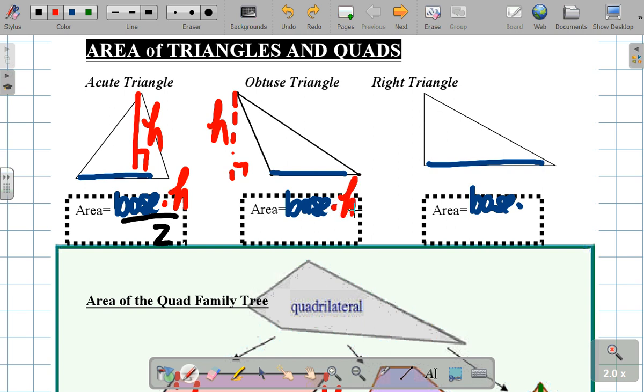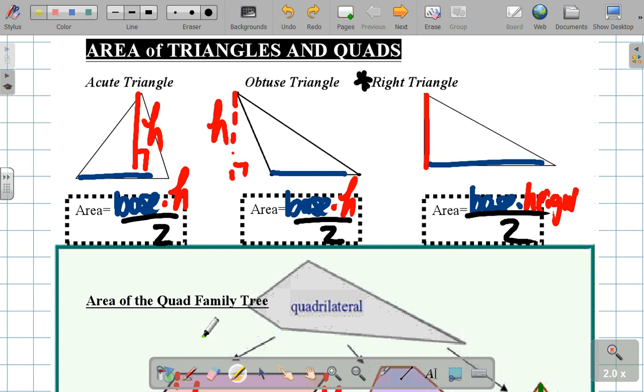So for the obtuse triangle, the height is outside. Triangle. Put a little star here. This base, trace that again. Just physically trace it, folks. That base. Now trace the height.